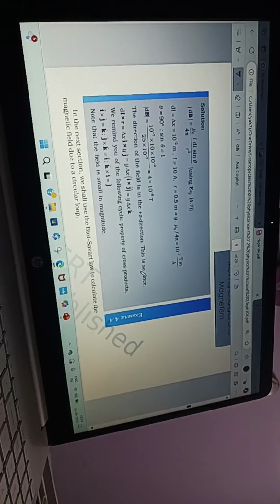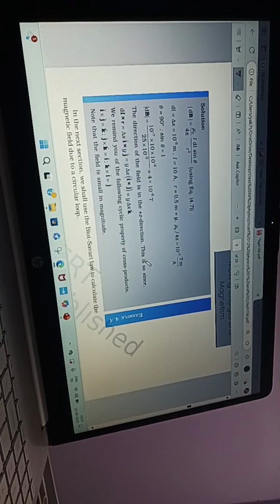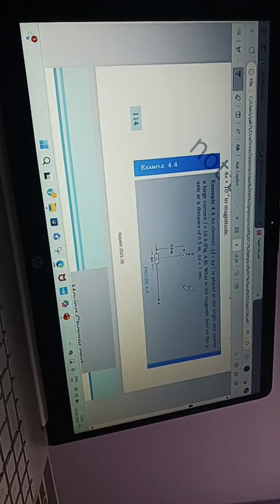See, Biot-Savart law, is it clear? Yes, sir. Right, B equals mu naught by 4 pi, I dl. What is being asked here? The magnetic field on the y axis at a distance of 0.5 meters.